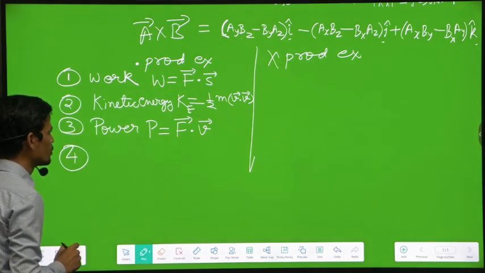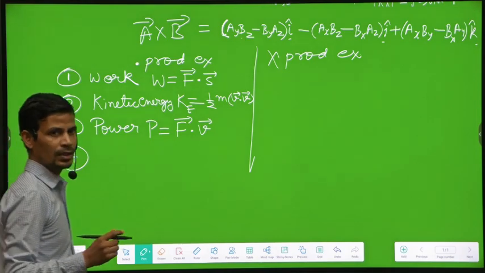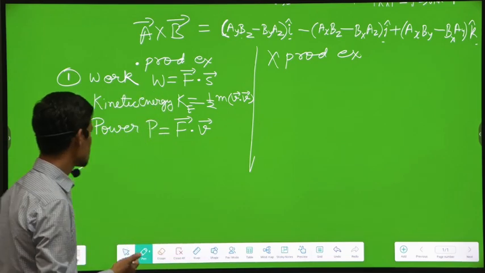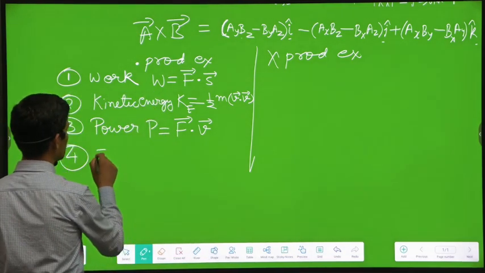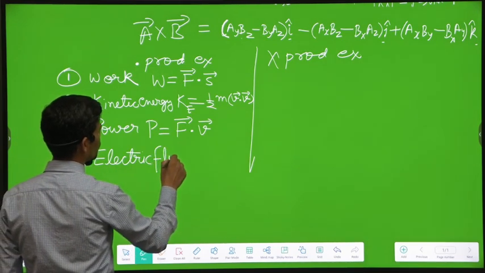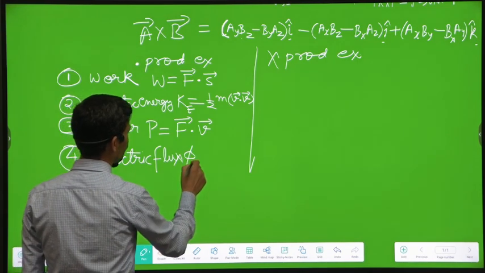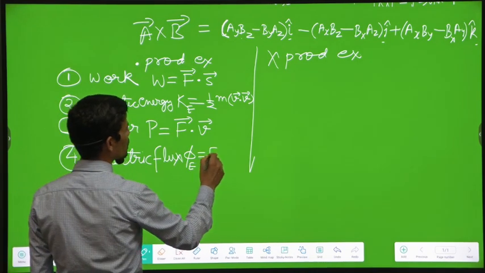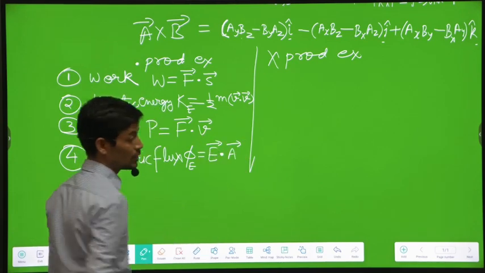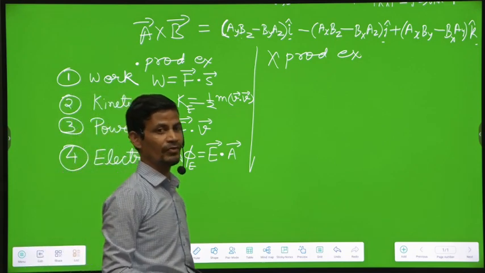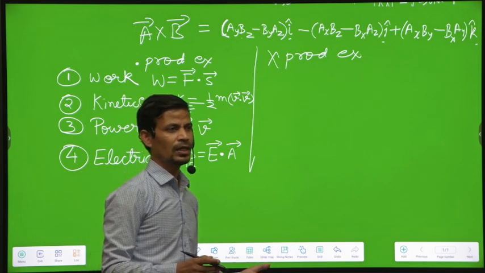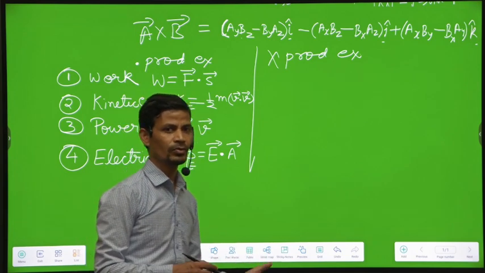There's a fourth. This you are going to study next class, in class 12th. It is called electric flux, denoted by phi subscript E, which is electric field intensity dot area vector. Oh, that's a surprising thing, how area is a vector. So let me tell you briefly that area is a vector and its direction is normal to the surface.